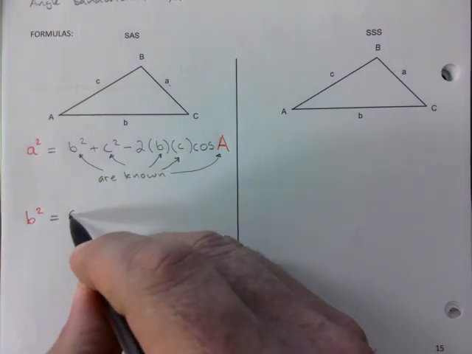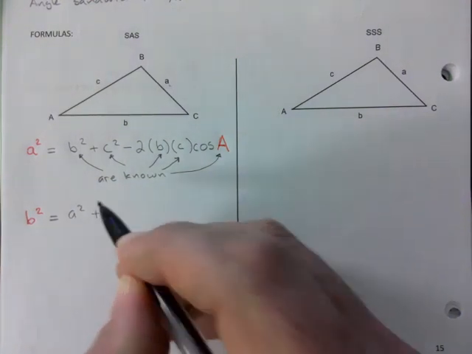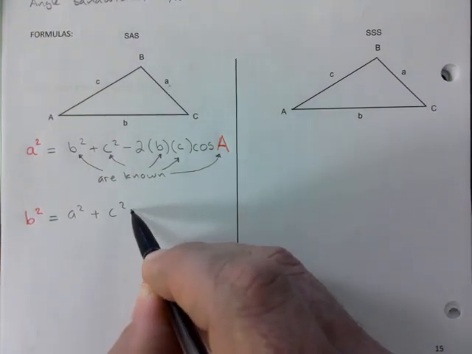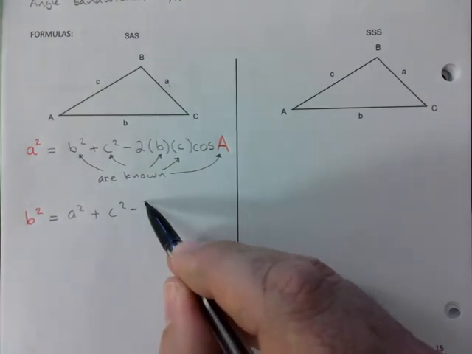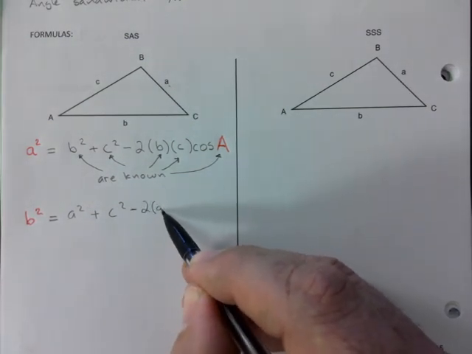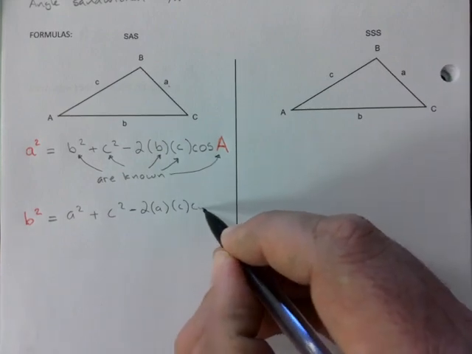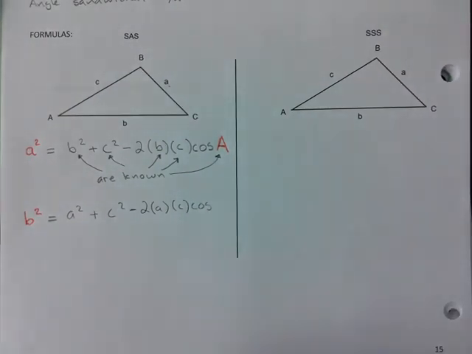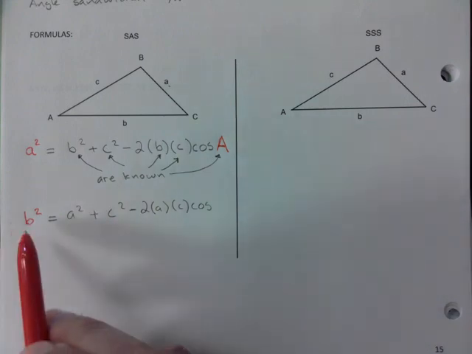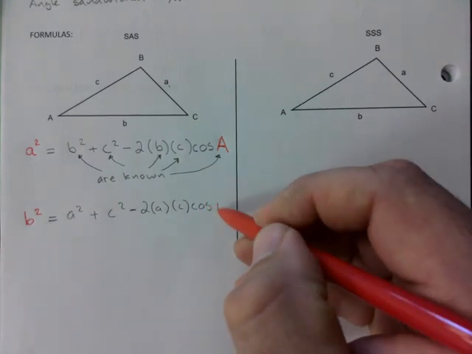So you would go A squared plus C squared minus 2 times A times C times cosine of, in this case, capital B.